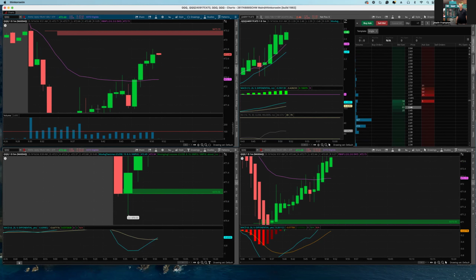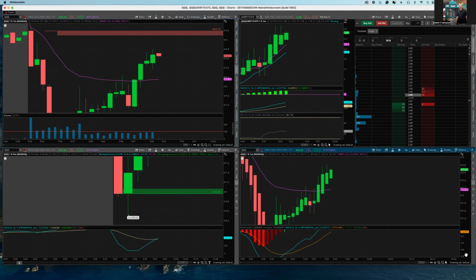Got the 5-minute crossed over. There it goes. Finally. The 15-minute is flattened out a bit on MACD.